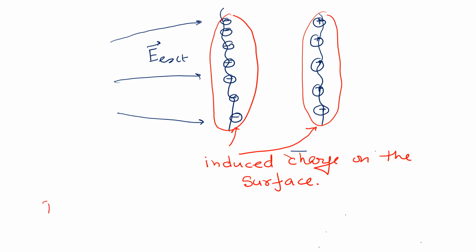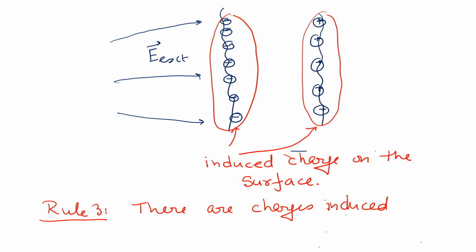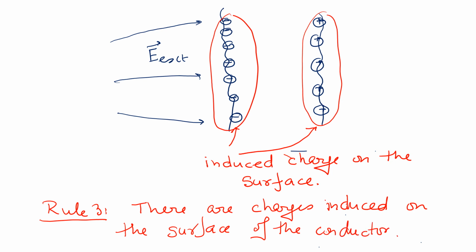And that's my third rule, that there are charges induced on the surface of the conductor. These charges and the total electric field would be related, and we would see that relation mathematically later on in the chapter, and that is called a boundary condition.